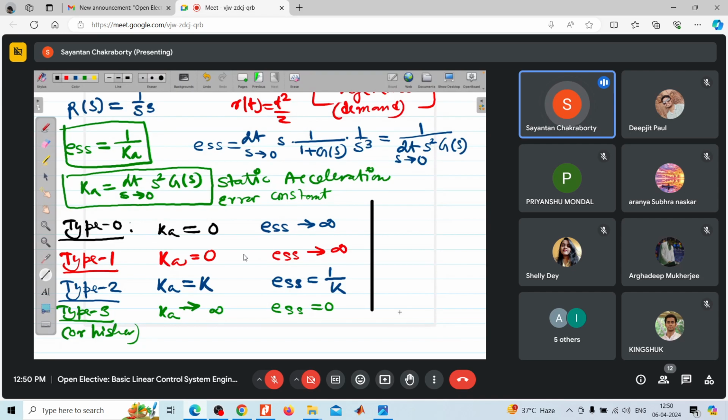So if we just try to figure out the only two responses that we'll have over here, given this as input, the type 2 response will follow with a constant offset, and type 3 or higher order systems will follow with no offset.